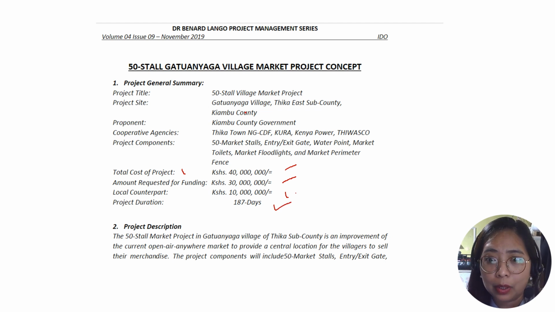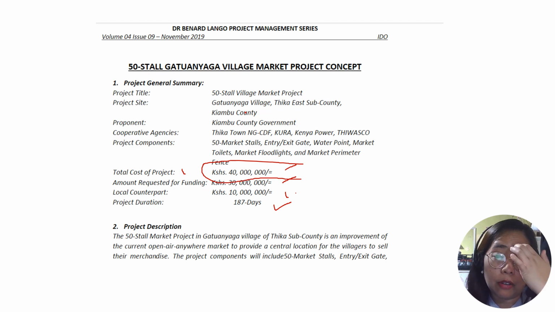Now, this example is actually quite general. It's very important that you itemize before giving the total cost of the project as well. That would help the funding agency think if it's realistic, whether they can afford it or not, and also if it's logical to buy those items.